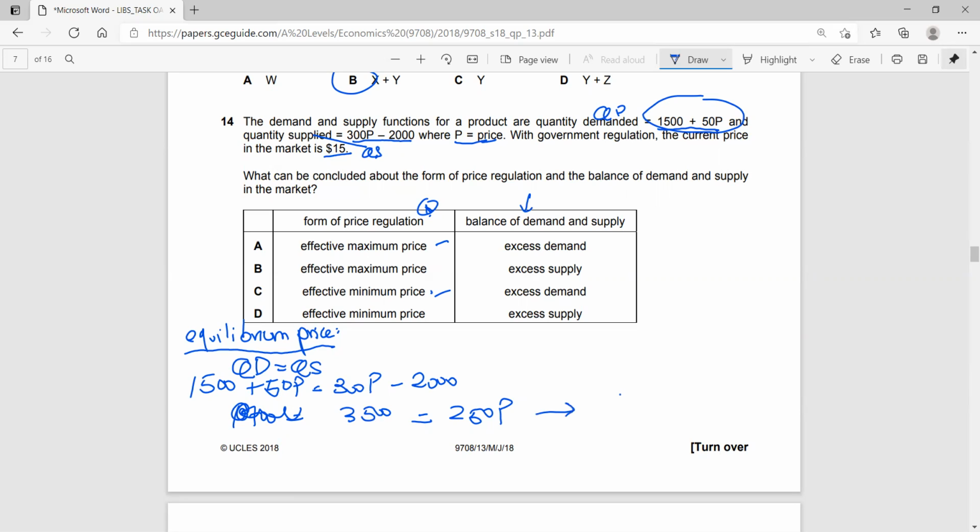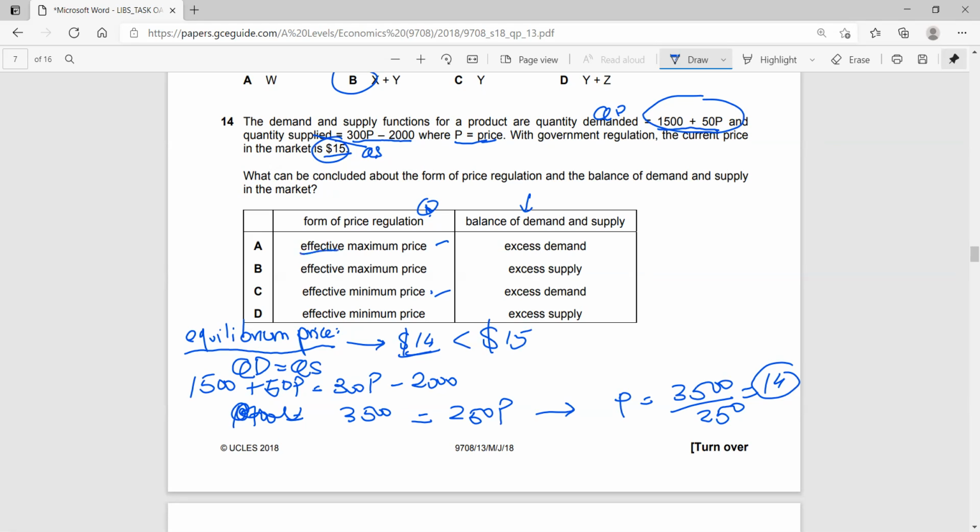And that gives you that price is going to be equal to 3500 divided by 250. Using my calculator, that gives us 14. So the equilibrium price is $14, and the regulation price is $15, which is greater than $14.